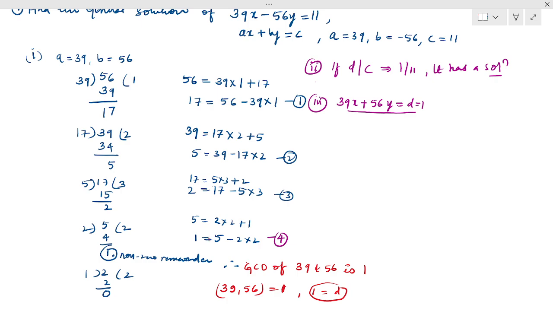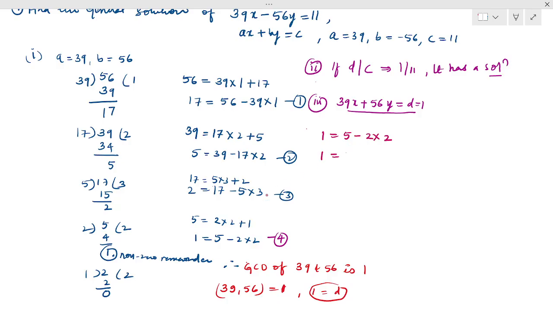Consider equation number 4. What is equation number 4? 1 is equal to 5 minus 2 into 2. You can write 1 as it is.